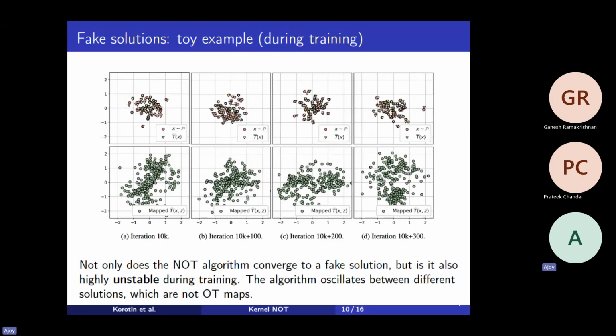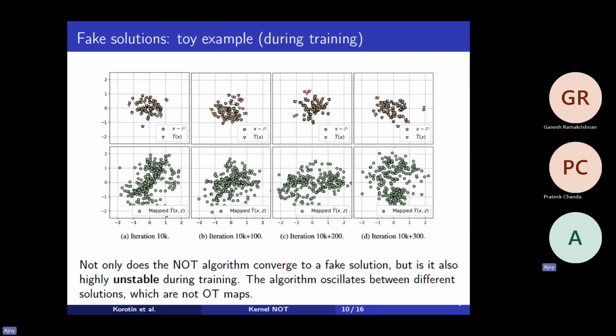But as you can see, at 10K plus 100 it is pretty much the same, but at 10K plus 300 it has considerably changed from the last one. So they were seeing problems in the training which they were not able to explain earlier, but this is happening due to the fake solutions or the false positives.